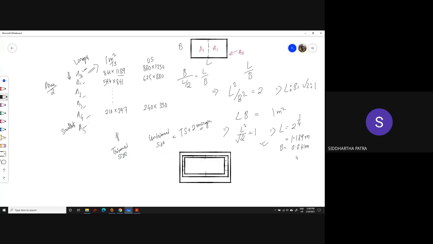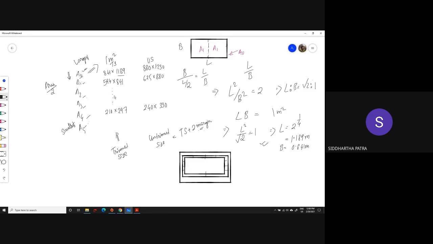Okay. So after getting the value of B, I said that the dimensions of each paper size are mentioned in millimeters, which gives us the size of A0 as 841 cross 1189. Similarly, we can find the smaller sizes simply by dividing the larger number by 2.